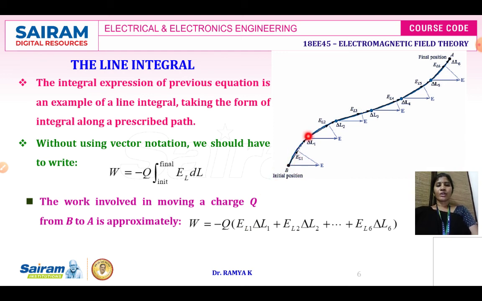And again from here to here it is going to move in the presence of electric field intensity E_L2 to a distance of delta L2. From delta L2 to delta L3 it is going to move in the presence of electric field intensity E_L3.